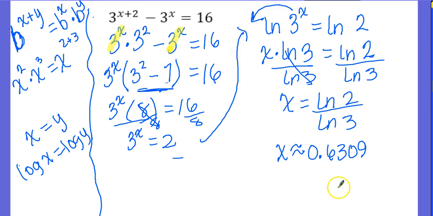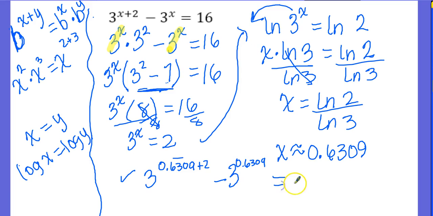And then, of course, after all that work, we want to make sure that we've done everything properly, so we will check it by plugging this value into the original equation. So when we plug 3 to the 0.6309 plus 2 minus 3 to the 0.6309, guess what we get?